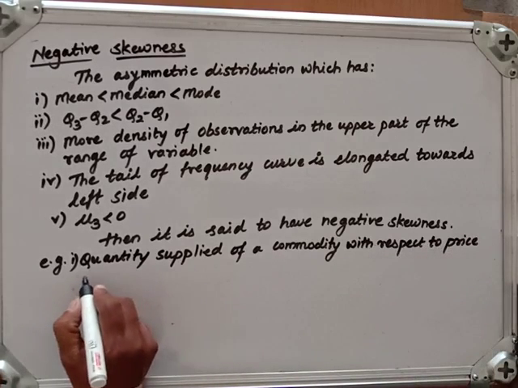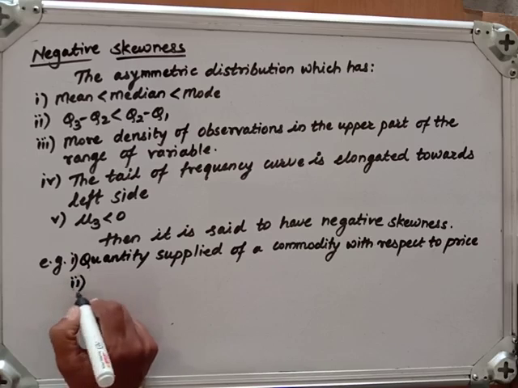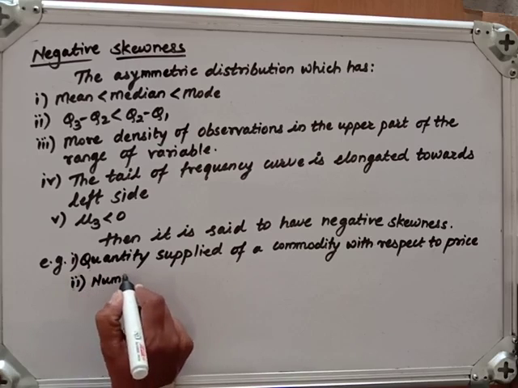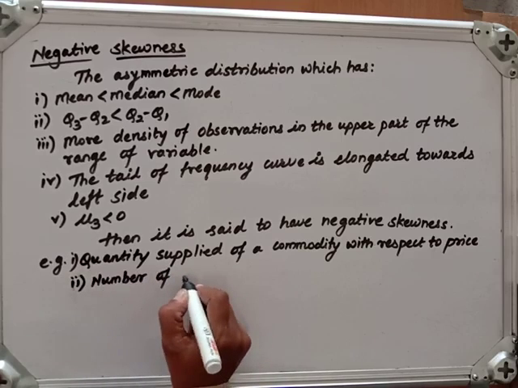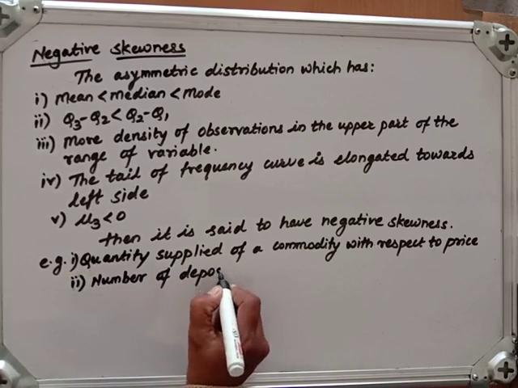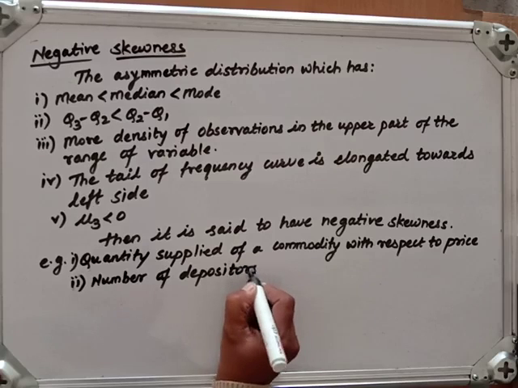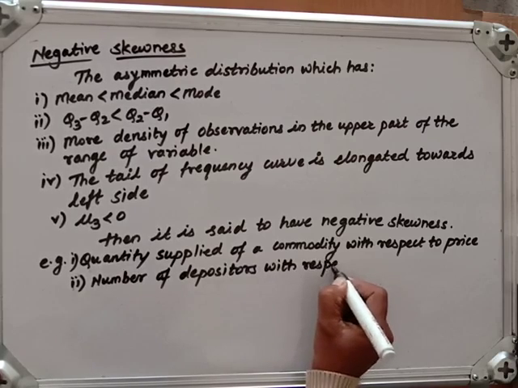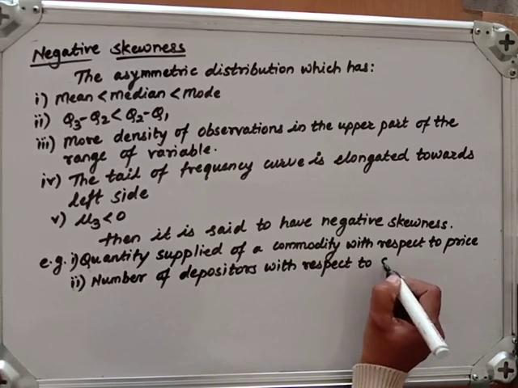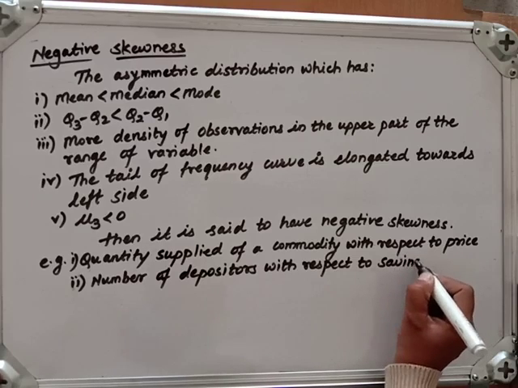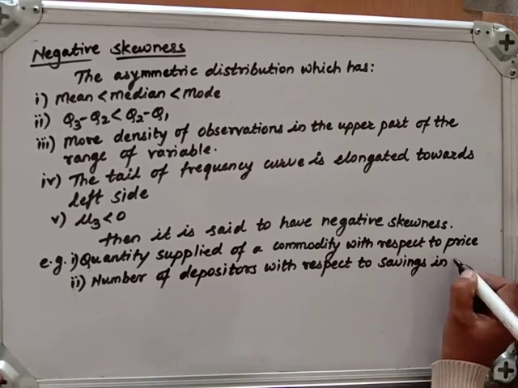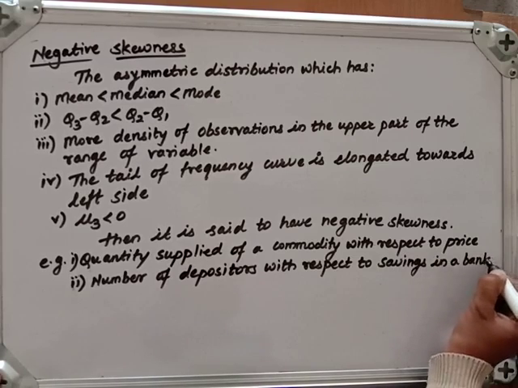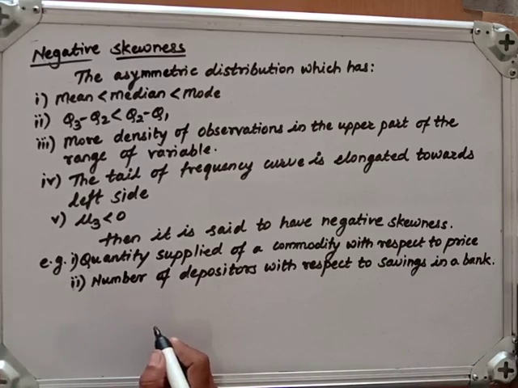Or we can say the number of depositors with respect to savings in a bank. Now let us see the graph and the box plot for this one also.